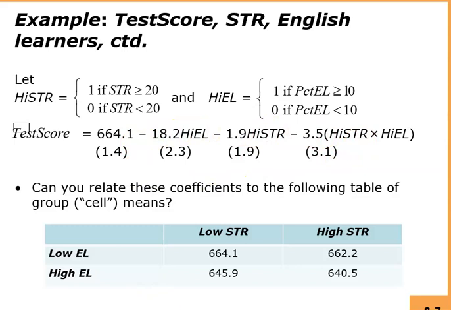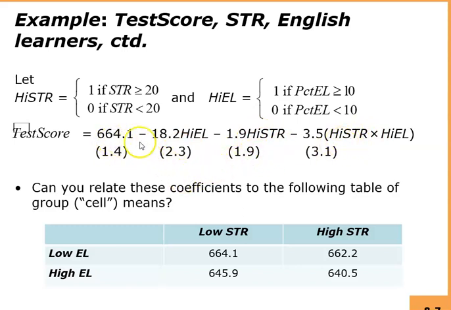For example, let's try to figure out the mean for high EL and low STR. In this scenario, you will plug in 1 for high EL and 0 for high STR. So let's see what the mean will come out to be. It will be 664.1 minus 18.2, and both of the other terms will become 0 because high STR is equal to 0.